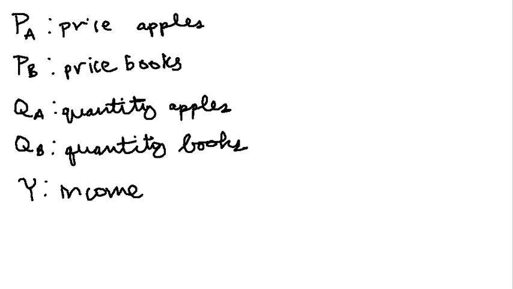To answer this question, we need to think about what a budget line actually is. A budget line tells us all the ways in which we can use up all of our income on only books and apples. So let's think about, generally, if we were to buy some amount of books and apples, say 3 and 4, how would we know how much money we are spending?